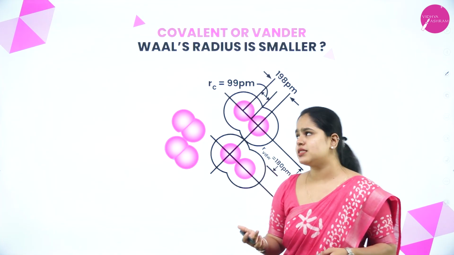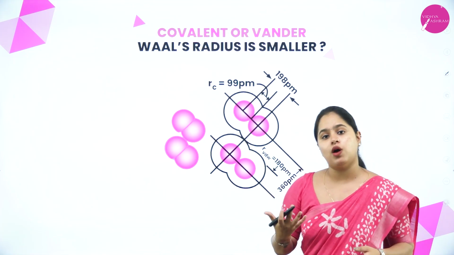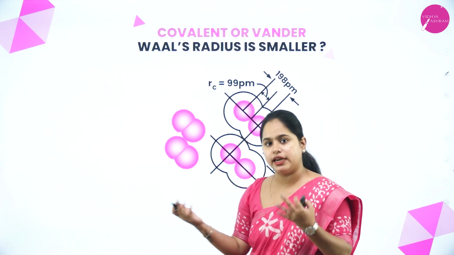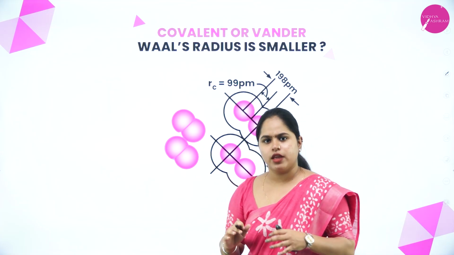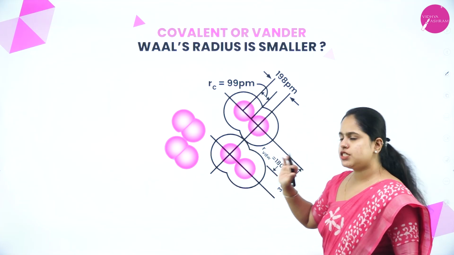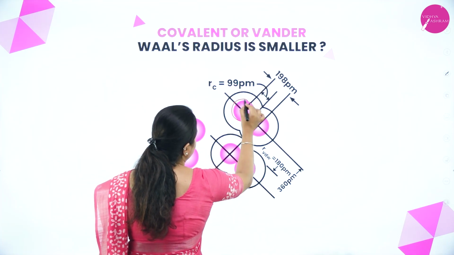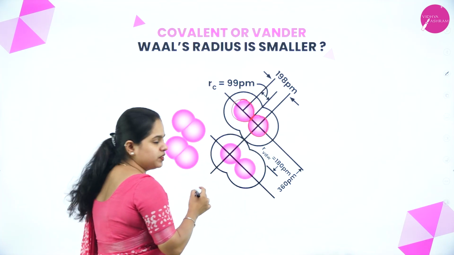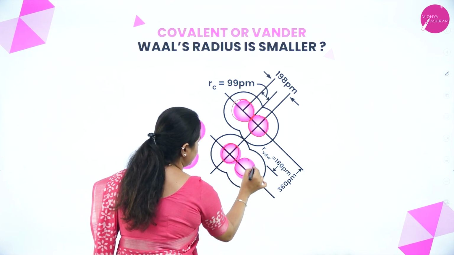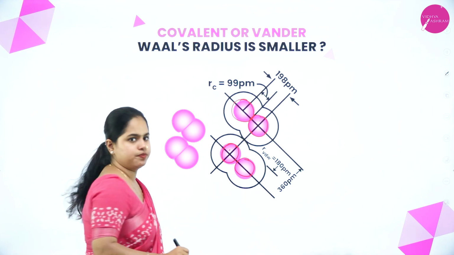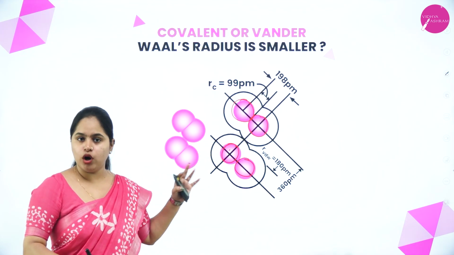Now a question arises: whether covalent radius or van der Waals radius is smaller, or which one has a greater value. Let's try to understand that. As you can see in this diagram, these two atoms are covalently bonded. Even these two atoms are covalently bonded with each other. Now, what about this atom and this atom? They are not bonded with each other.